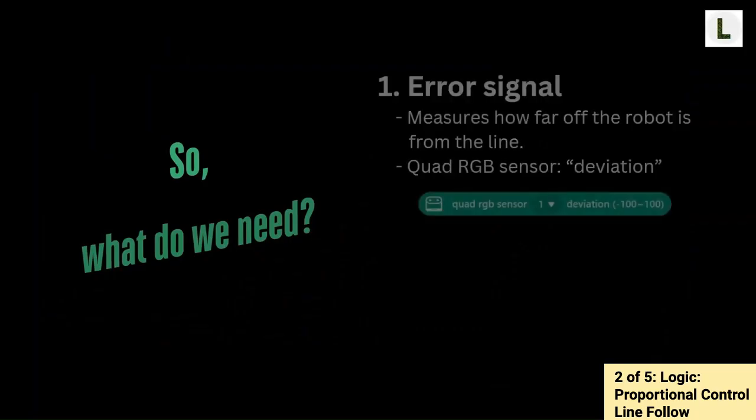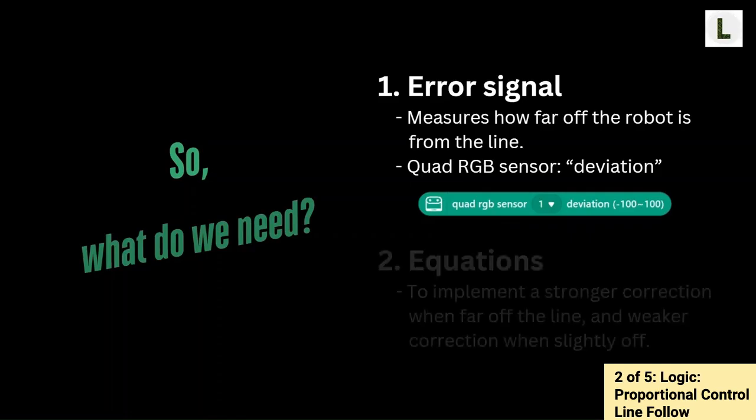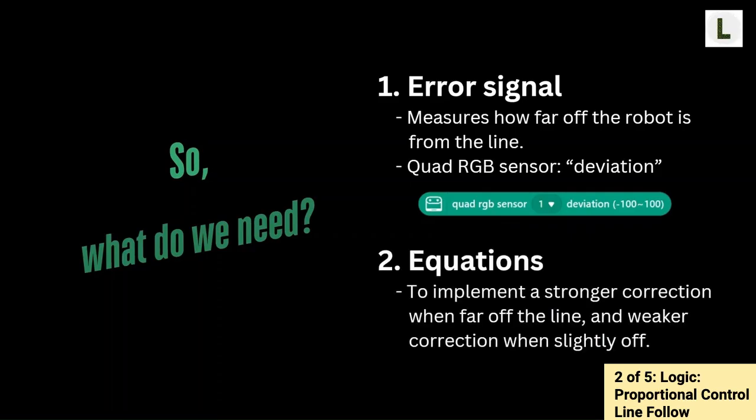So what do we need to implement proportional control? First, we need an error signal. In our case, this is called deviation, a number that tells us how far off the robot is from the center of the line. The quad RGB sensor provides this automatically in mBlock using the deviation block. Second, we need a stronger correction for larger deviation and a weaker correction for smaller deviation. If the robot is slightly off, it corrects it gently.